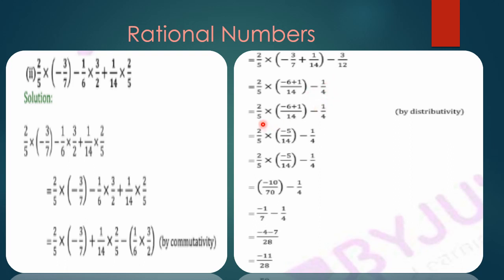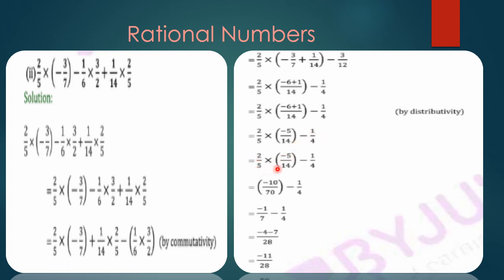Now 2 upon 5 into, in the bracket, minus 6 plus 1 upon 14 minus 1 upon 4. When we solve this, minus 6 plus 1 becomes minus 5. So 2 upon 5 into minus 5 upon 14, then minus 1 upon 4.